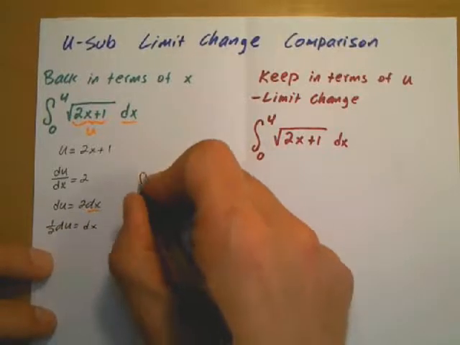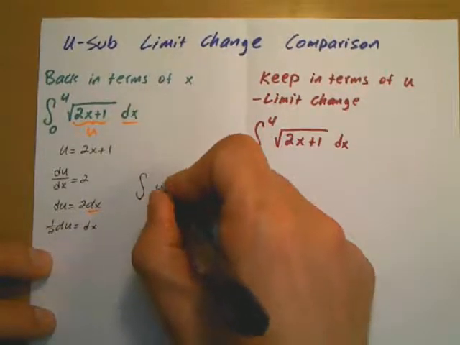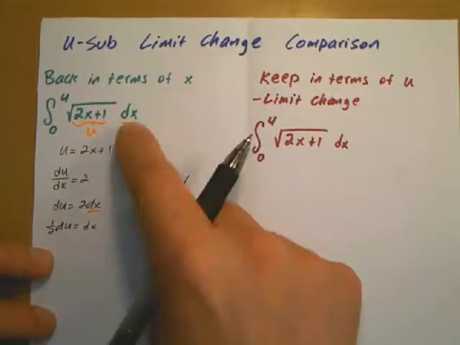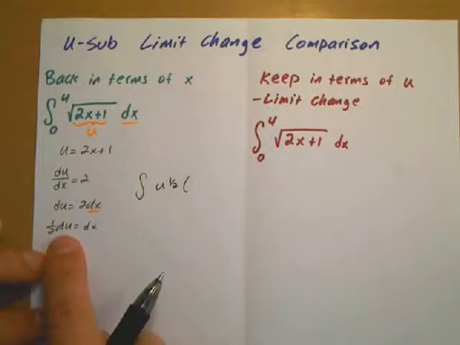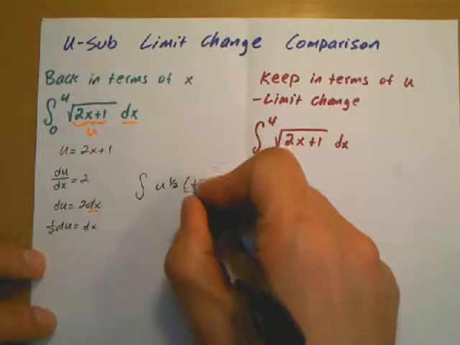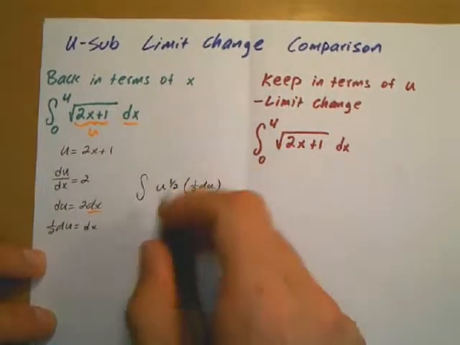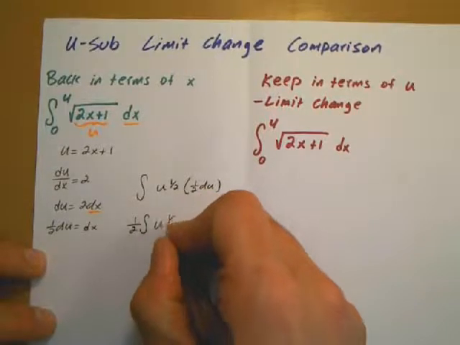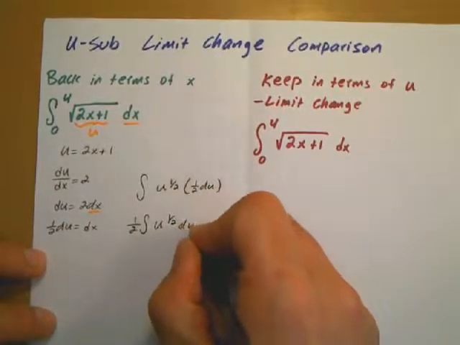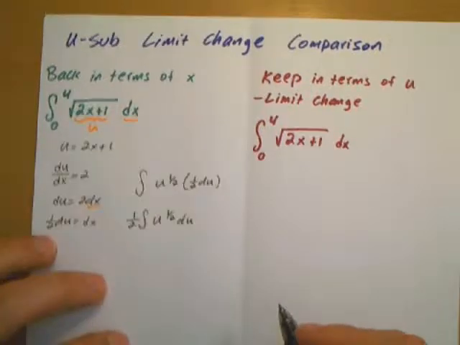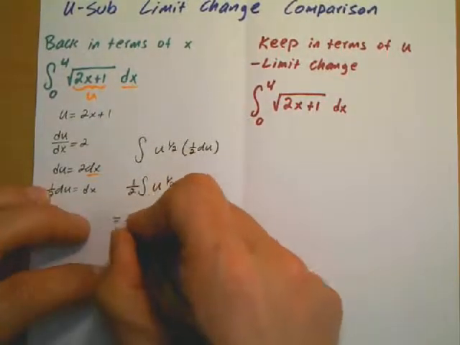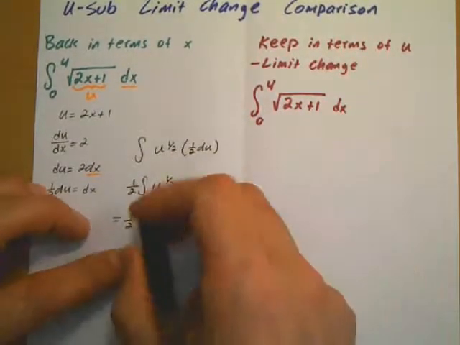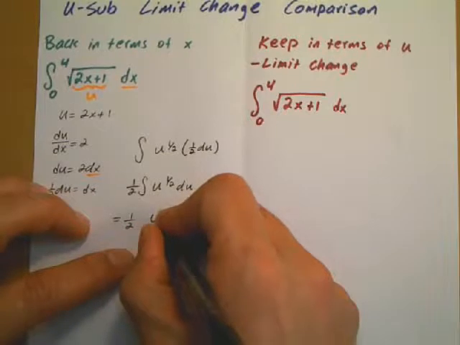So now my integral turns out to be u to the 1/2 power, and dx gets replaced with 1/2 du. Go ahead and factor out this constant: 1/2 times u to the 1/2 du. I apply the power rule on this, which gives me 1/2 times the antiderivative of that.